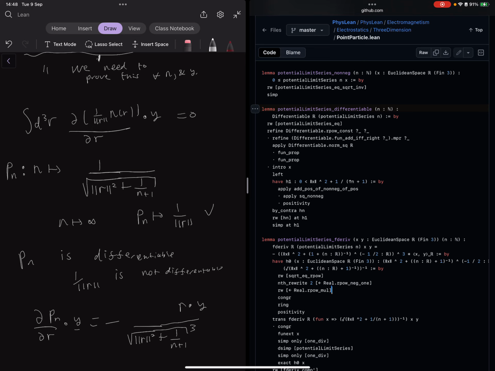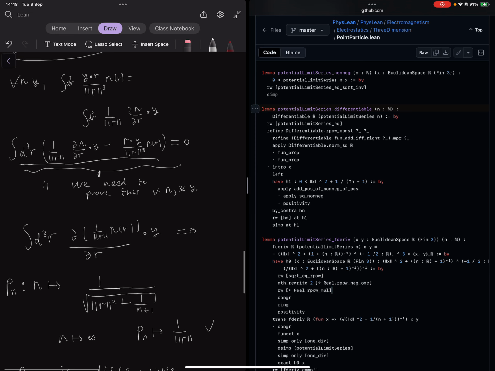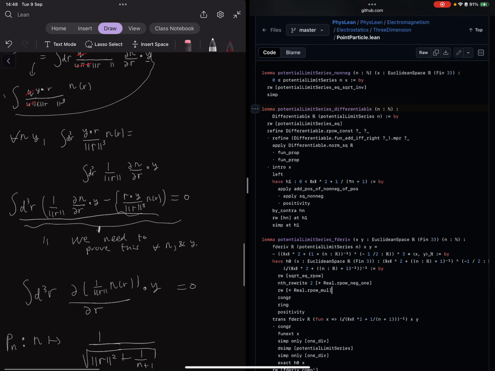Okay, so that's equal to that thing there, but as n goes to infinity, this thing here tends to... and if we look up here, this is exactly the sort of structure we've got here.